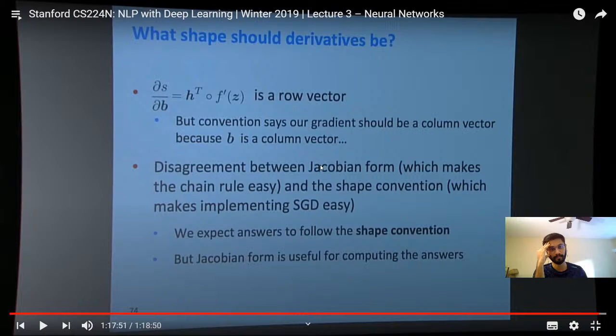I think what you're trying to say is they are two different things running together, so there's going to be a disagreement. Algebraically, delta is a row vector, but convention says the gradient should be a column vector because B is a column vector, which is not the case. So I think we're doing a little bit of cheating here.